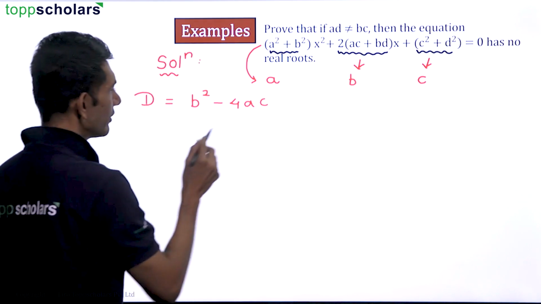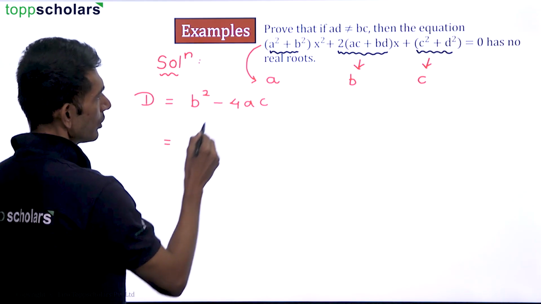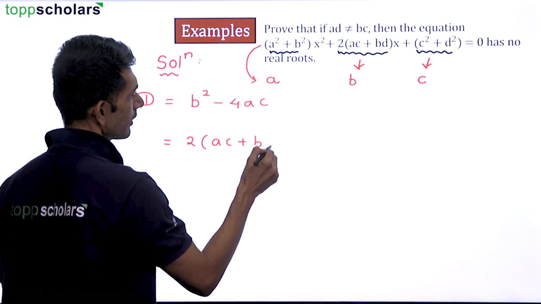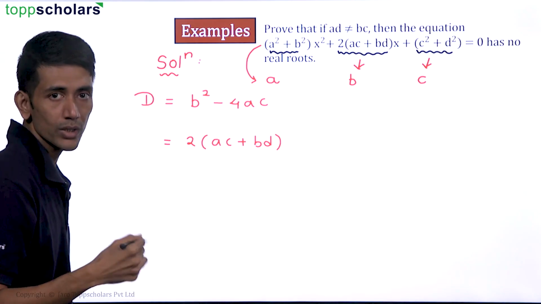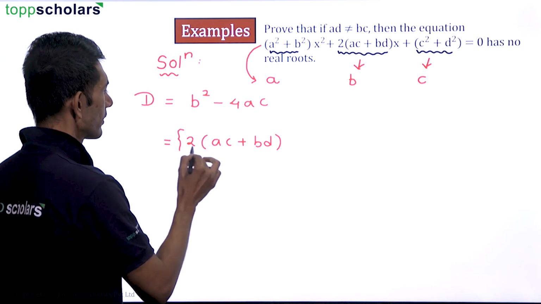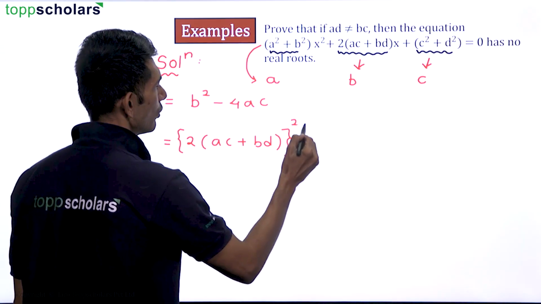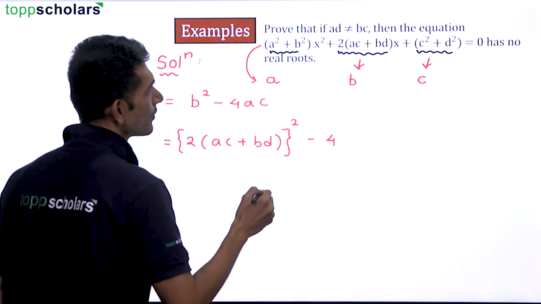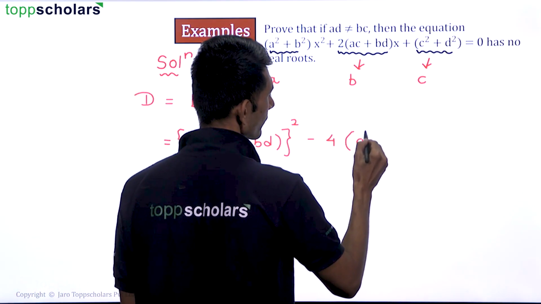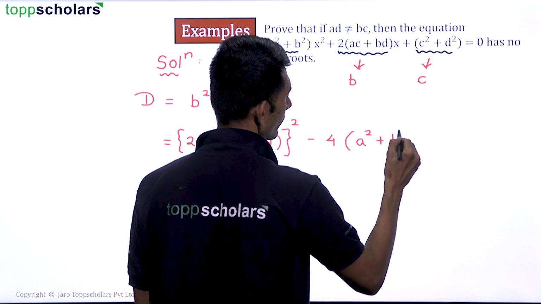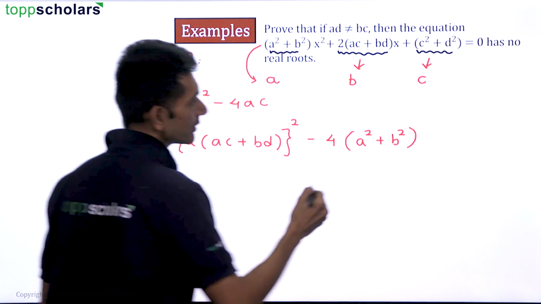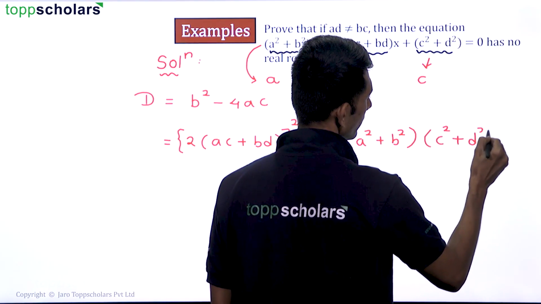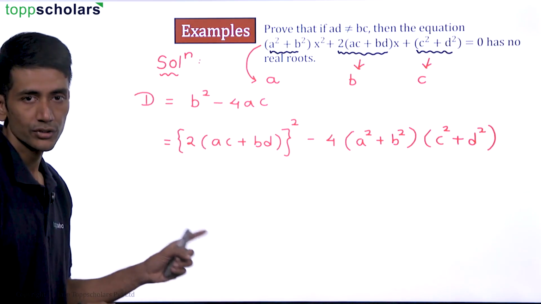So b square, that is 2 times (AC plus BD), the whole square, minus 4 into A into C. 4 into A. A is how much? A square plus B square. C is how much? C square plus D square, right? So this is what we get.